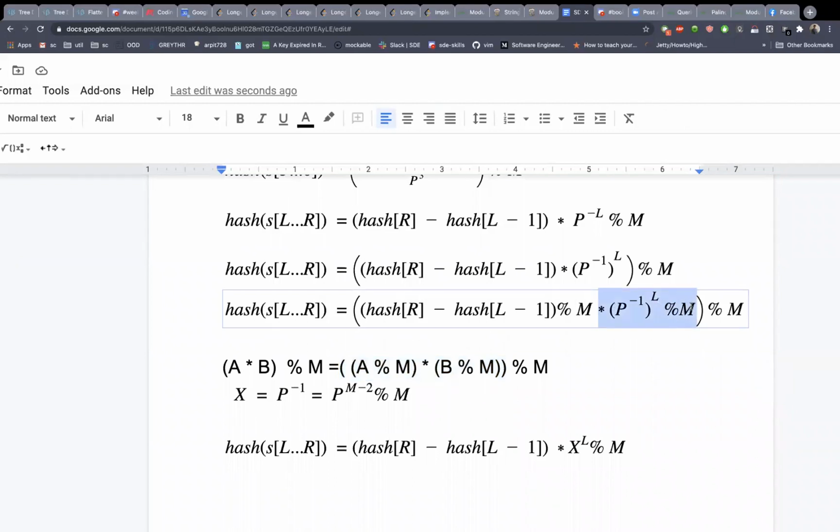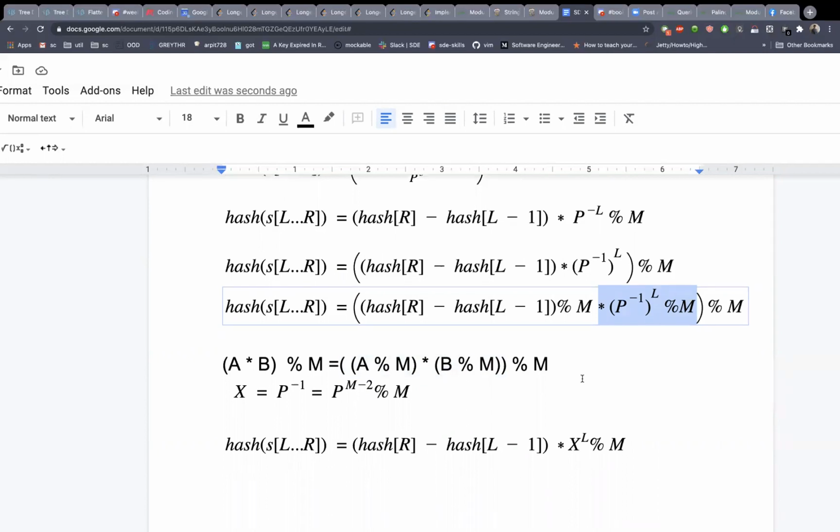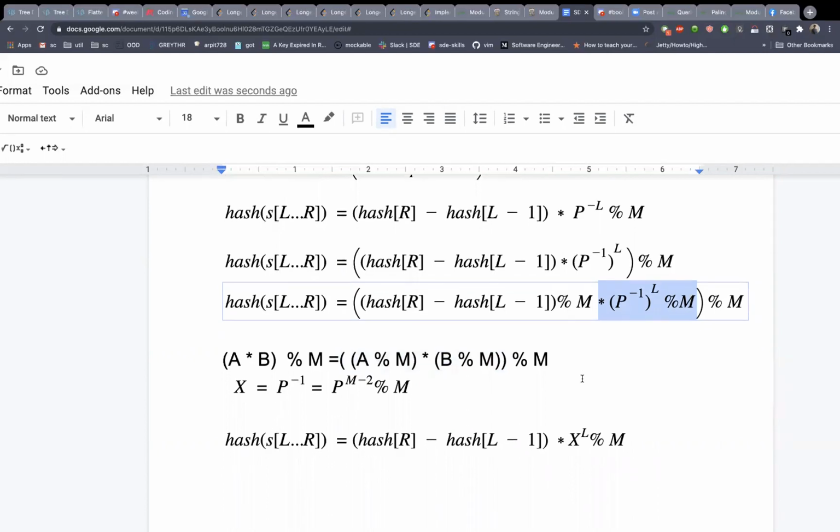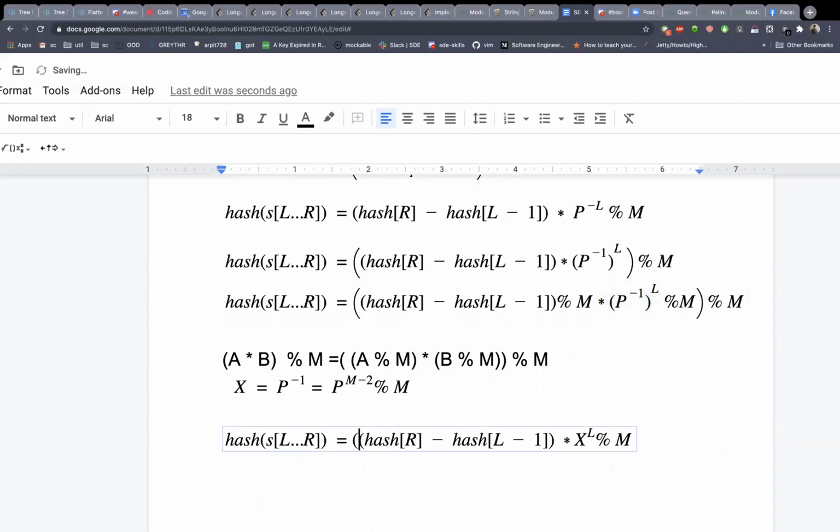Now if you see the line below, we are not doing A mod M. That's where probably the confusion is. The hash R minus hash L minus 1 mod M. I think I should add that over here, and here mod M. Yes. Okay. So is that clear now?